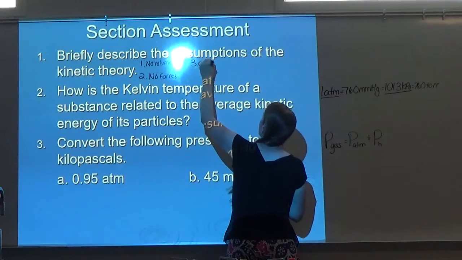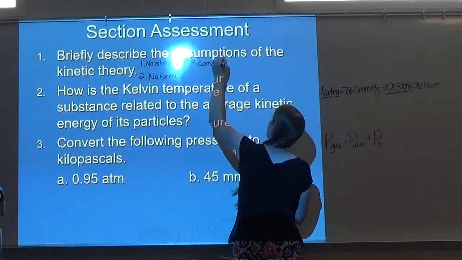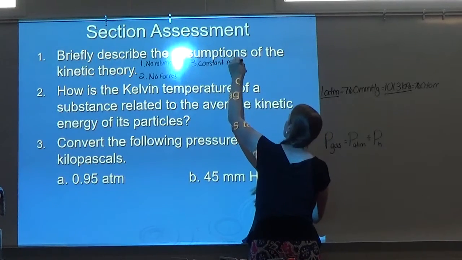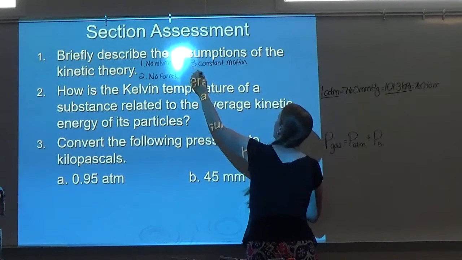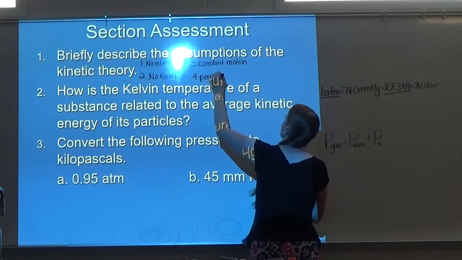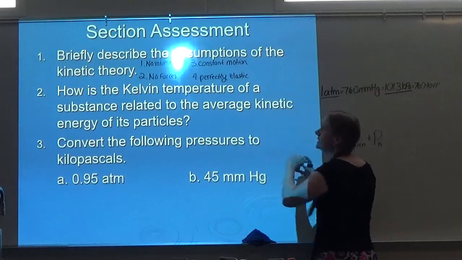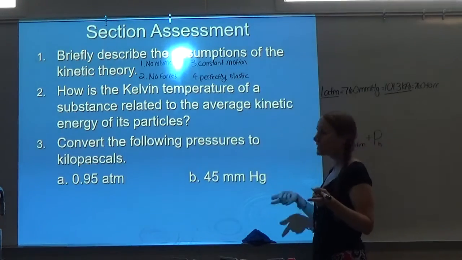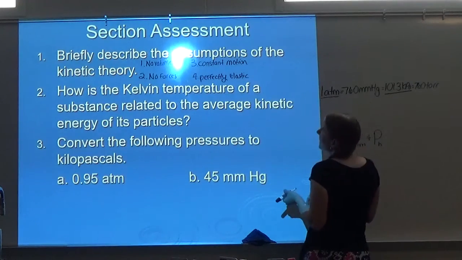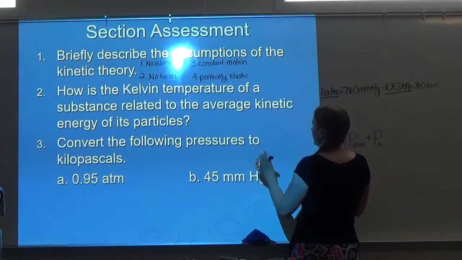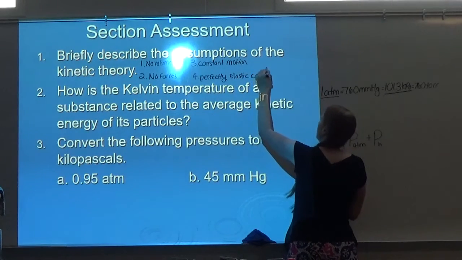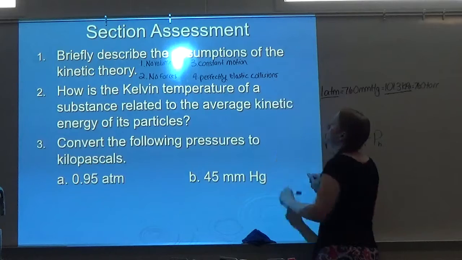They are in constant motion though, rapid, constant, random motion. And when they collide, they have perfectly elastic collisions, which remember means that we assume such a small amount of energy is changed to heat as a result of friction that all the energy just remains as kinetic energy. So perfectly elastic collisions.